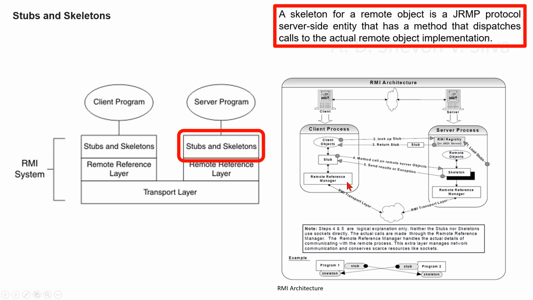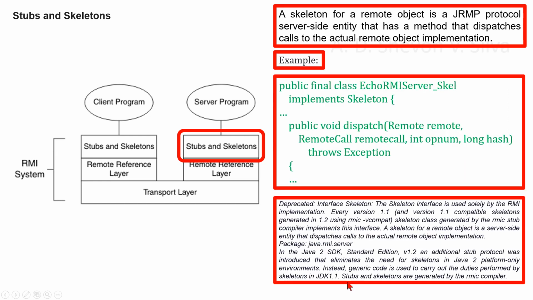Here you can see program 1's stub is connected to the skeleton, and program 2's stub is connected to the skeleton in program 1. We can consider this code segment as an example. The interface Skeleton is deprecated, and the Skeleton interface is used solely by the RMI implementation.